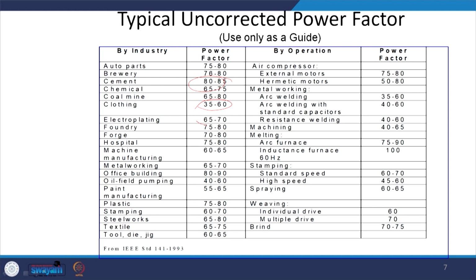Thereafter electroplating is 60 to 70 and so on, and we have different kinds of weaving, individual drive, standard speed, high speed for stamping, and for melting, arc furnace, induction furnace, 50 or 60 hertz both. So, we will have this overall power factor problem, and these are all industrial uses. You can see that the average power factor is between 0.65 and 0.75, even arc welding is 0.35.